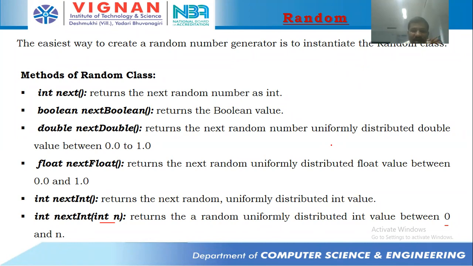So let's see one simple program for generating random numbers. nextInt returns the next random number as an integer, and nextBoolean returns a boolean value, randomly either 0 or 1. nextDouble is distributed between 0 and 1.0. nextFloat is distributed between 0 and 1.0. nextInt is uniformly distributed, any integer value we get. nextInt with n, we'll get a value between 0 and n.